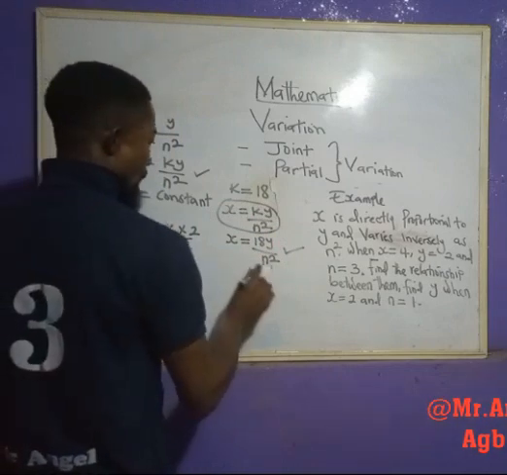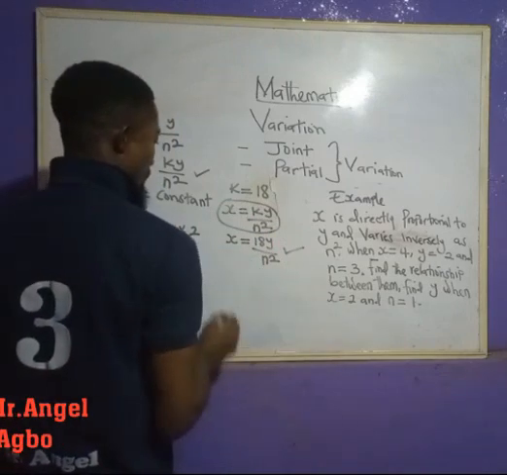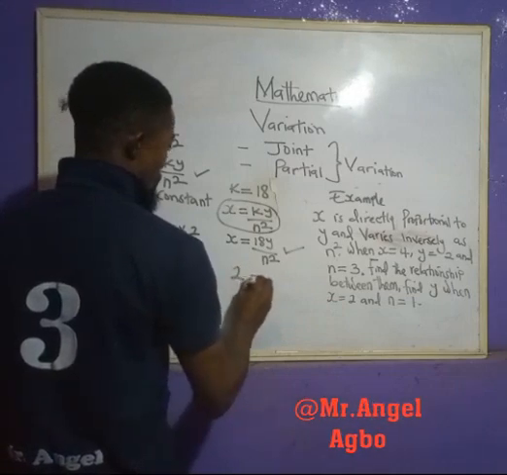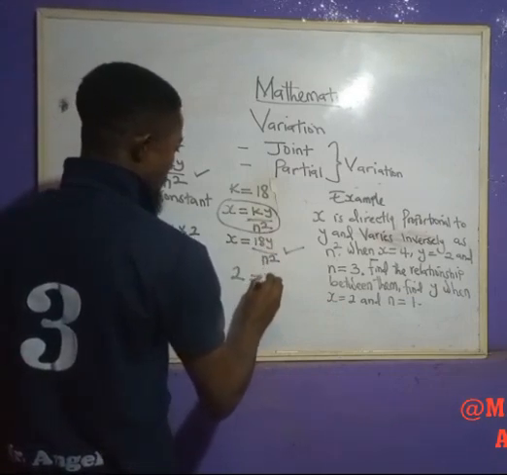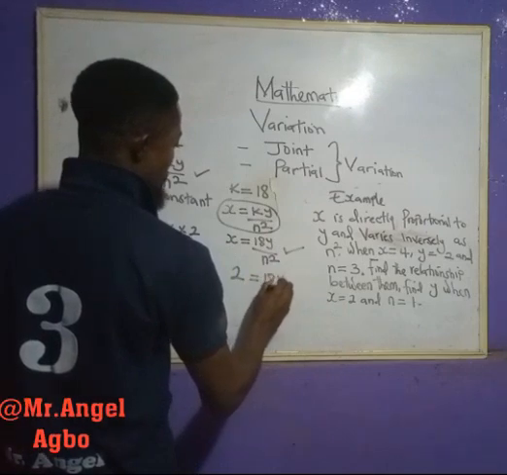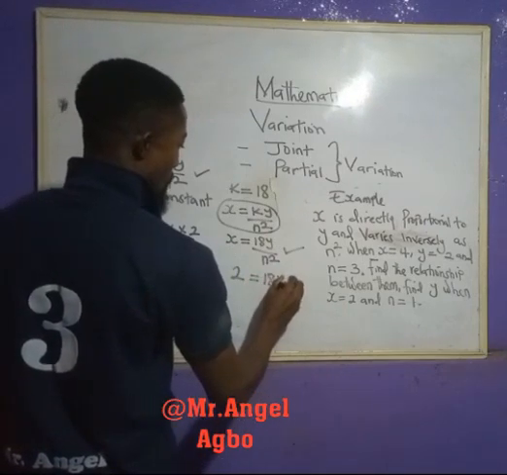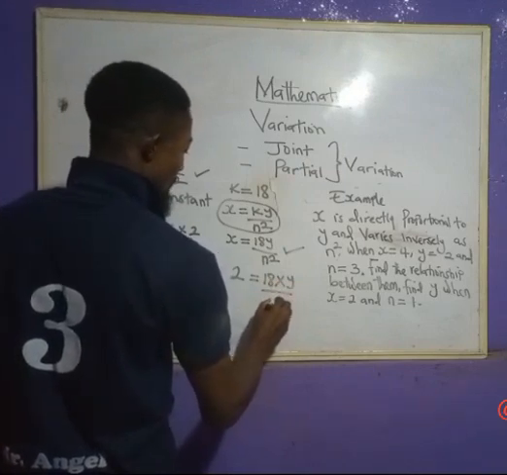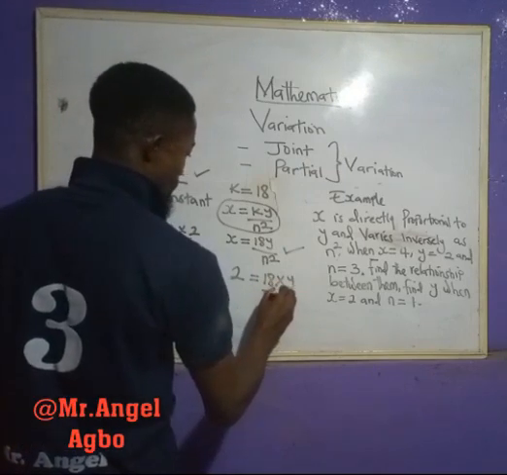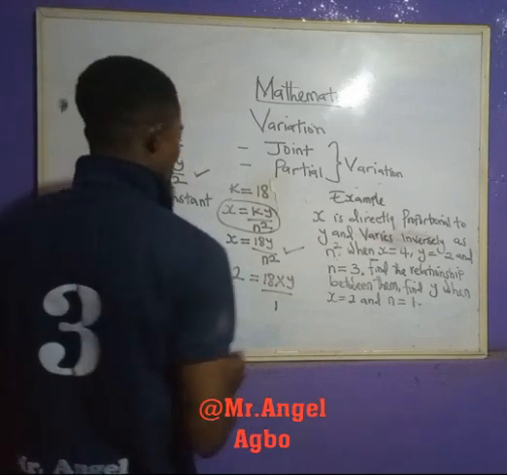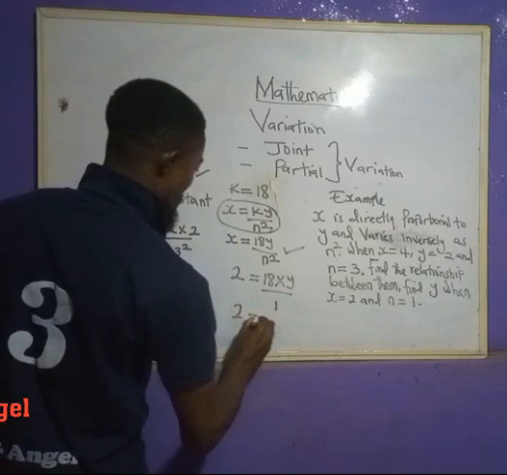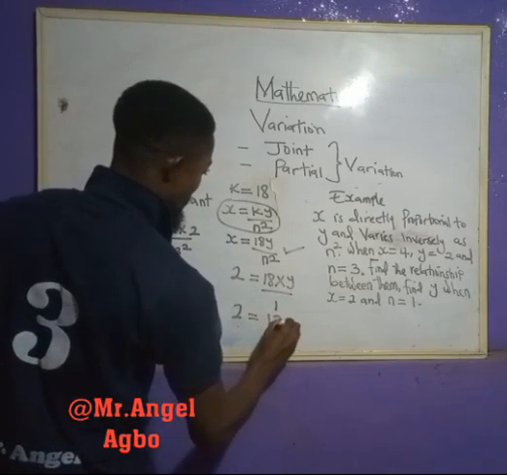We are going to have our x now here as 2, so we substitute it: 2 equals, our k is 18, 18 times y divided by 1 raised to power 2, which is still 1. So we leave it out this way. So we have 2 equals 18y.